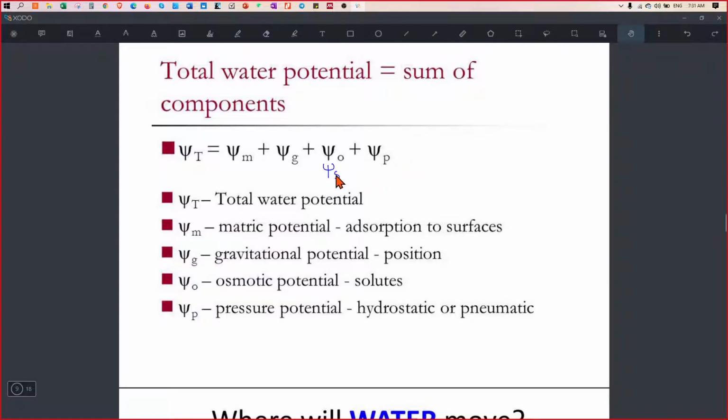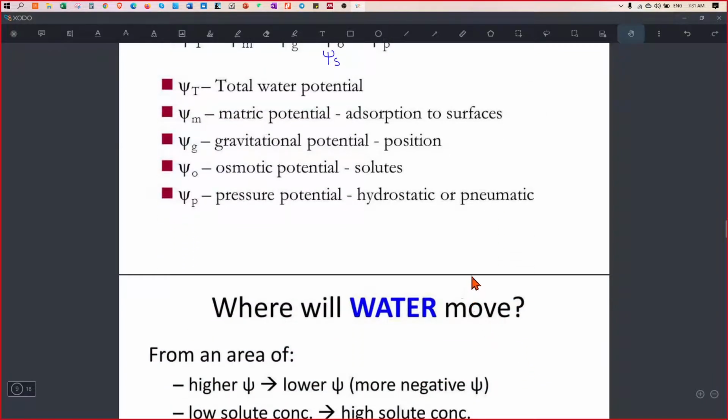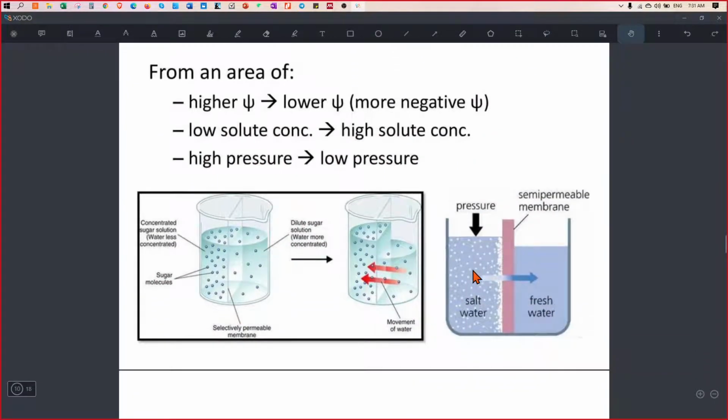It means the same. And also the pressure potential, due to the hydrostatic or pneumatic exertion upon the water.